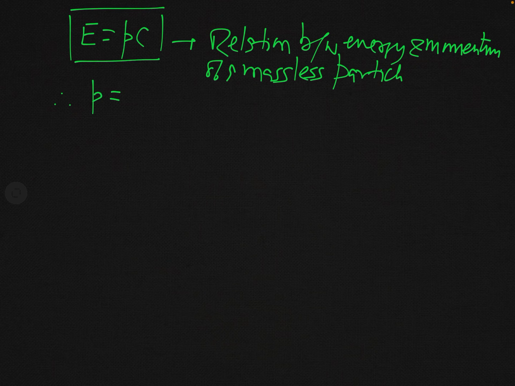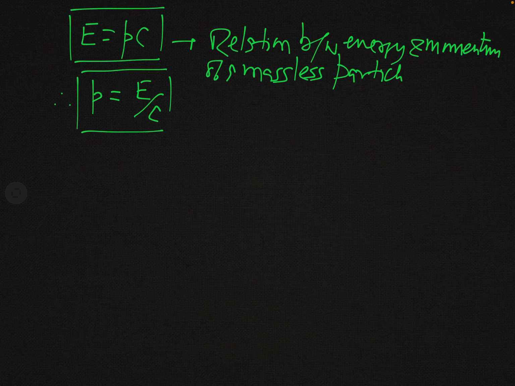So you can use this formula to define the energy of a photon. And from this result you can see what the momentum of such a particle like a photon will be. That will be simply equal to E over C.